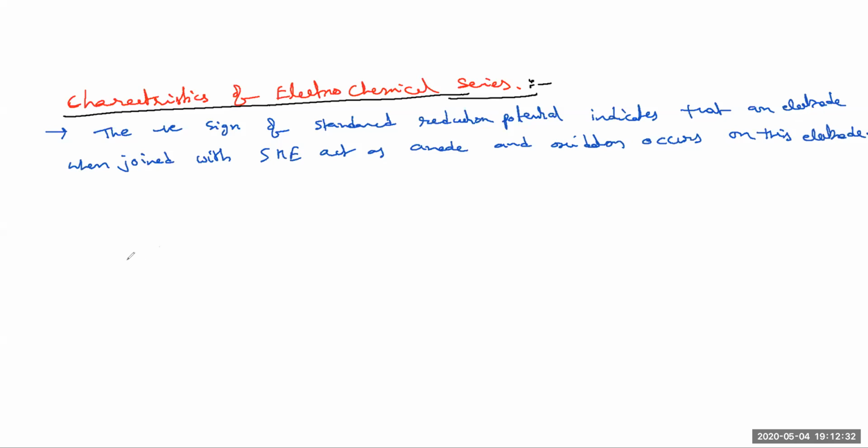For example, the standard reduction potential of zinc is minus 0.76 volts.